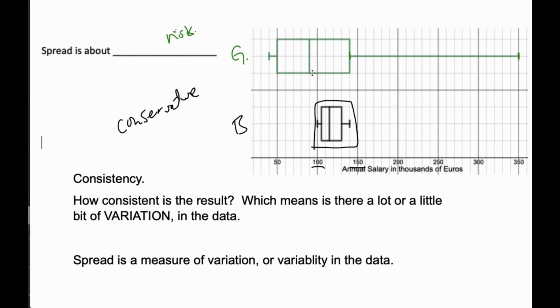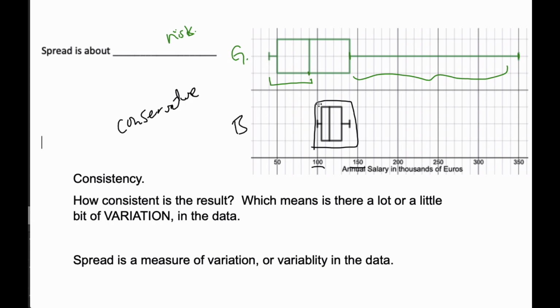But recognize that the median is 90,000 euros a year. And so 50% of the values, or more than 50% of the values, if you work for the green company, is less than what you would be making for the black company.